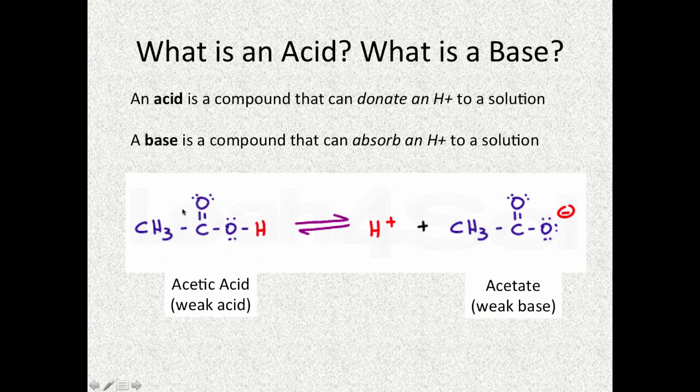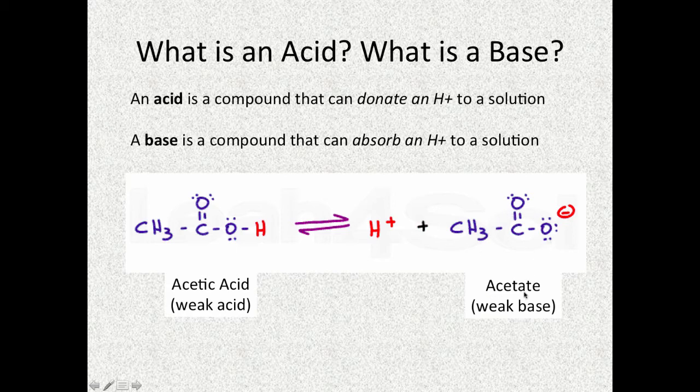Acetic acid, when it's in its acid form, has a hydrogen ion that, when introduced into water or any kind of aqueous solution, acetic acid will ionize, detach from that hydrogen ion, and donate it to the solution. So acetic acid, when it ionizes, becomes a free hydrogen ion and a negatively charged ion we call acetate.